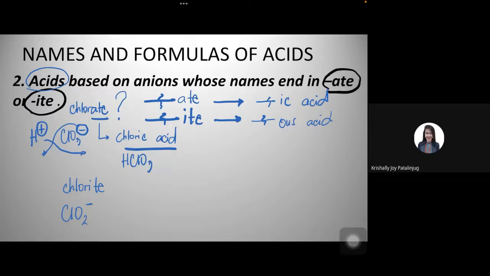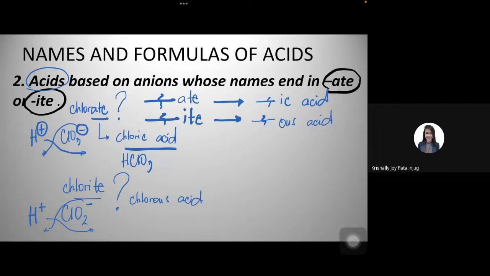So, for example, the acid name we can derive from the chlorite anion would be chlorous acid. Now try to write the chemical formula of chlorous acid. Make use of the chat box.